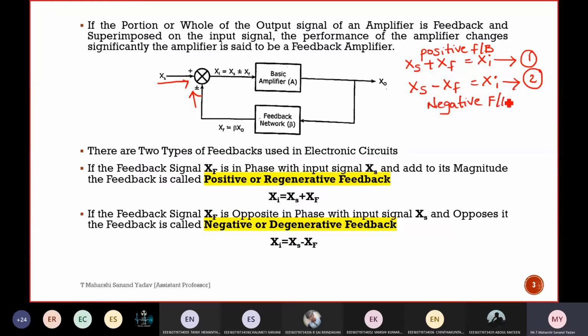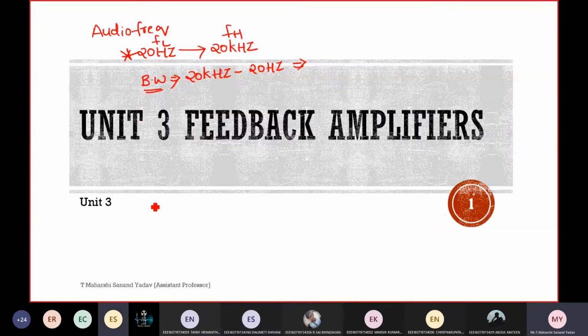Negative feedback is unit number 3. Positive feedback is unit number 4. So for amplifiers, do I need to go with negative feedback or positive feedback? Positive or negative? Negative.